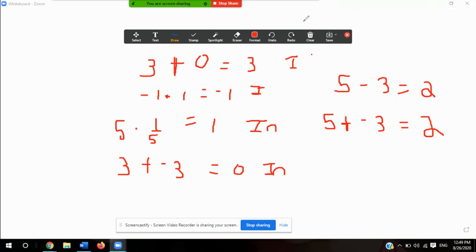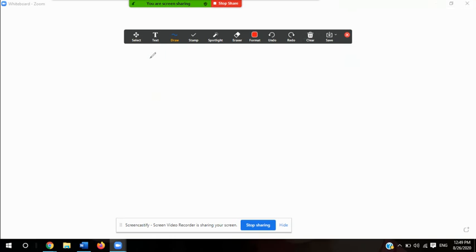And the other thing that we went over in class was evaluating expressions. So if I give you an expression like 3x squared plus or minus 4, and we're going to say x equals negative 1, I want you to evaluate that.